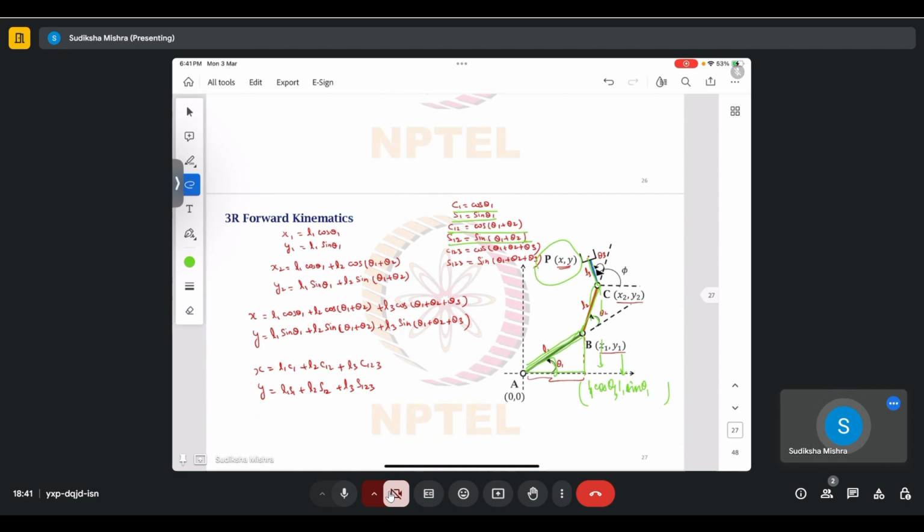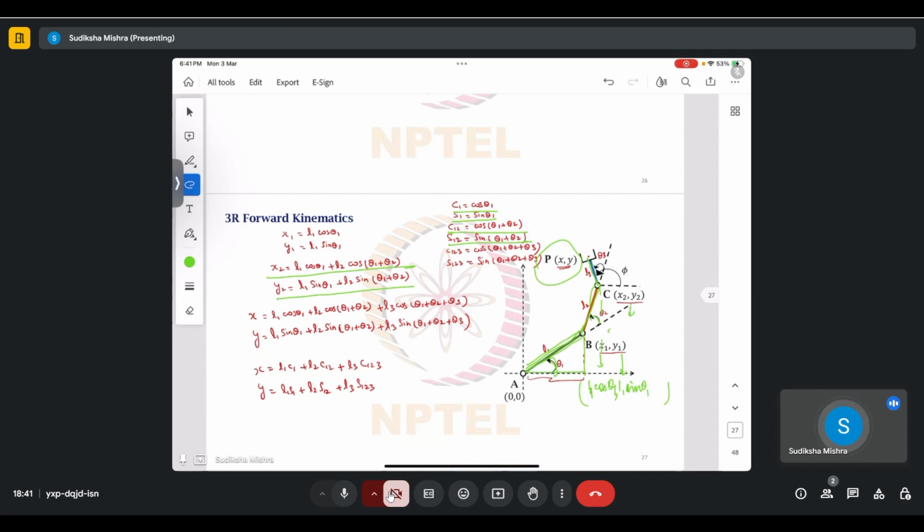And we know from the previous solution, x2, y2 can be written as L1 cos theta 1 plus L2 cos of theta 1 plus theta 2, and L1 sin theta 1 plus L2 sin of theta 1 plus theta 2.